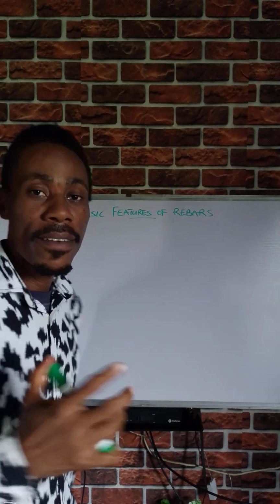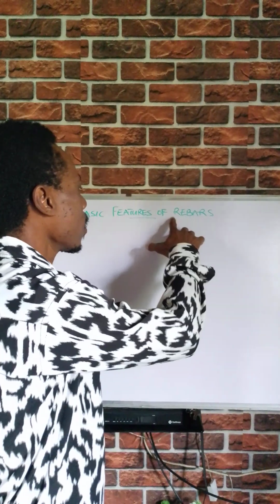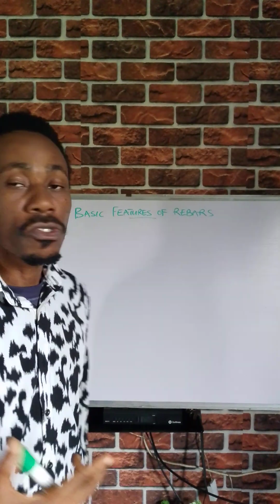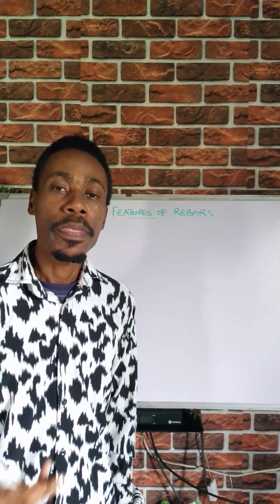Now when we talk about rebars, we are referring to reinforcement steel bars. The re is the reinforcement bars. As you know, the majority of our structures are reinforced concrete structures.